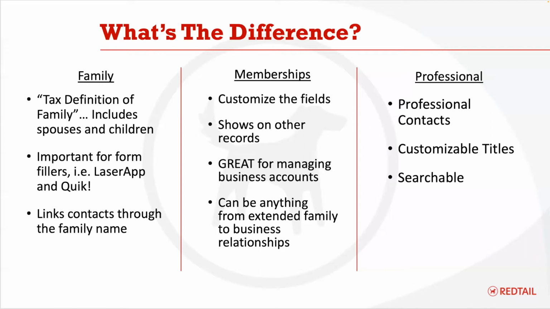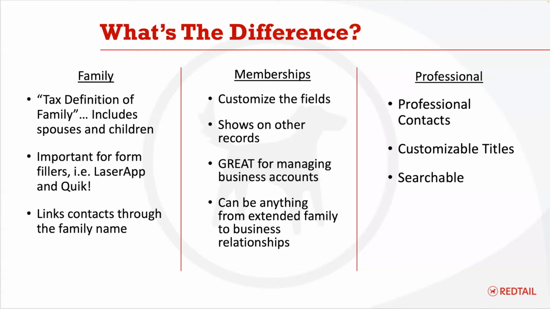But we do have a third section that can be increasingly useful for professional contacts specifically. So while it's great to keep track of that spider web of information within the CRM of all of those different connections that you have, I will say memberships is not searchable. It's actually the only distinguishing relationship factor that is not searchable.